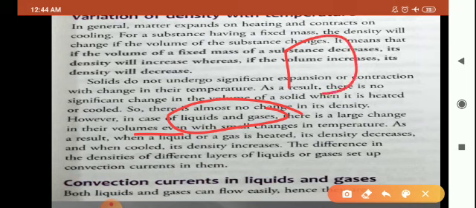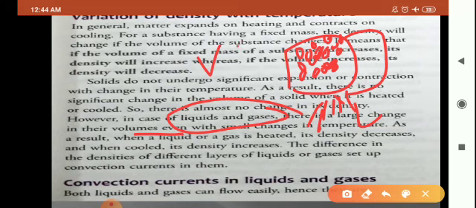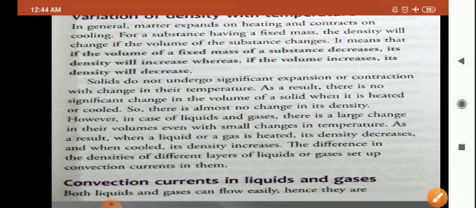Because here the molecules, if we talk about liquids, in comparison with solid, are not much tightly packed. Yes or no? So here if we heat liquid, it can easily expand, and hence if it will expand, then volume will increase and then density will decrease.